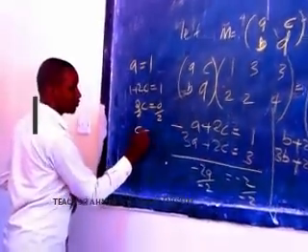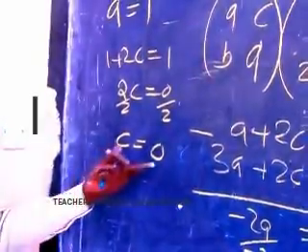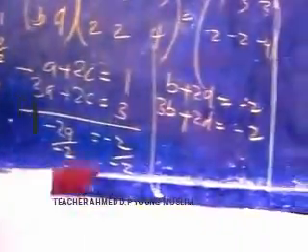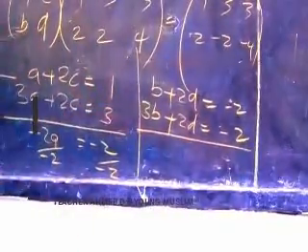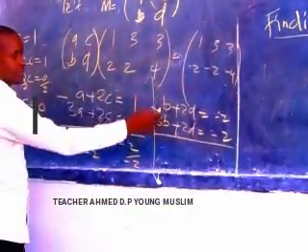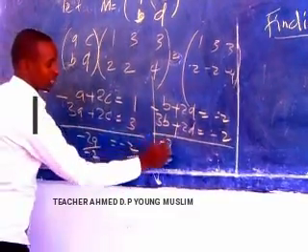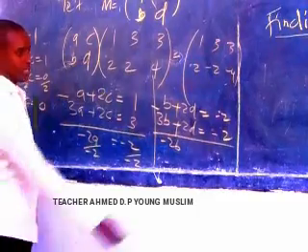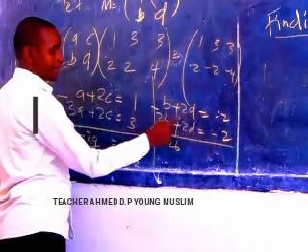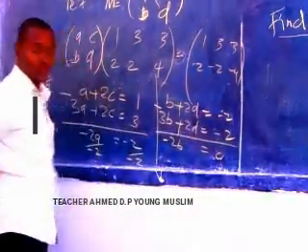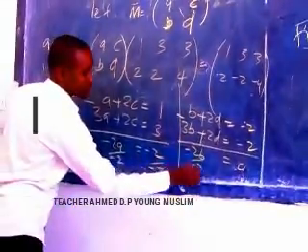Let's now move to the other equations. Again I want to eliminate D. Same sign, subtract. B minus 3B is negative 2B, 2D minus 2D is 0, and negative 2 minus negative 2 is 0. Dividing by negative 2, B is equal to 0.